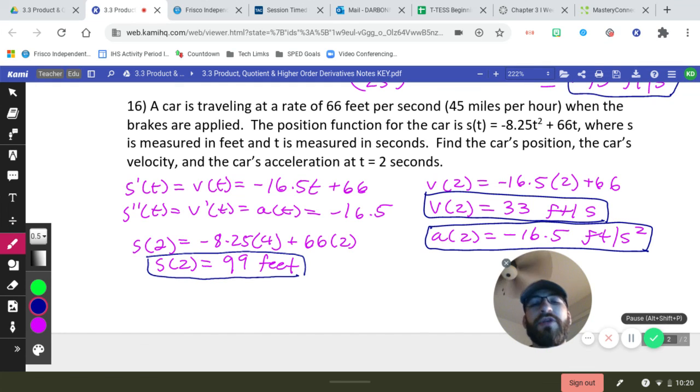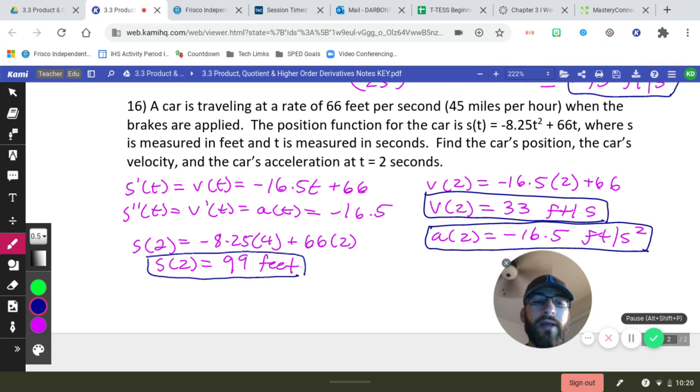S double prime, which is v prime, which is a, we derive that to get negative 16.5. Then we just plug 2 into all 3 functions, and we get those various different values. At s of 2, we've traveled 99 feet. At v of 2, we were going 33 feet per second, which is slower than the 66 feet per second, so that lines up. And then a of 2, the function was just negative 16.5, which makes sense.